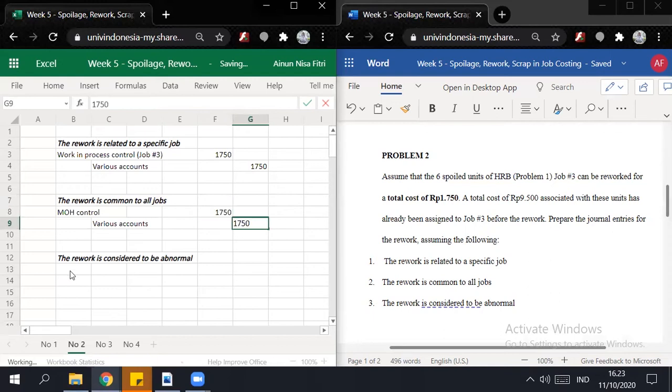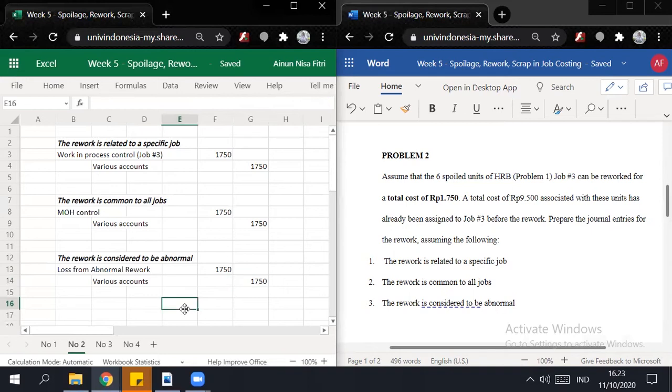While for the third scenario, if the rework is considered to be abnormal, the debit side is loss from abnormal rework, and the credit side is various accounts. Okay, so that's all for problem number 2. It's quite easy.